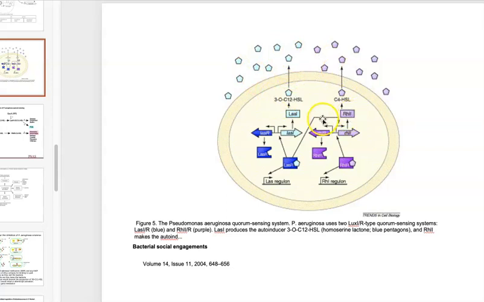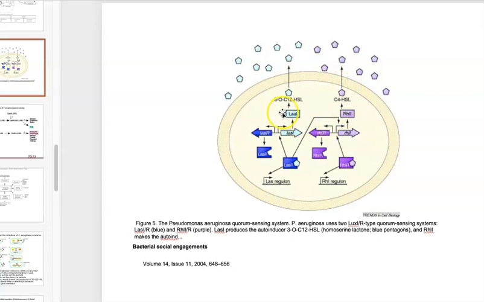And so it has these parallel systems: the LasI/LasR system, which makes a 3-oxo-C12 homoserine lactone, these little, I don't know what the hell that is, pentagons. And then the RhlI and RhlR system that you see here that makes a C4 homoserine lactone.